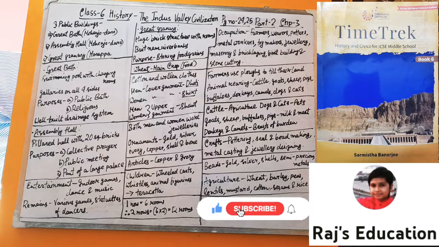Now comes art and craft. There were several types of art and craft in the Indus Valley Civilization, and among these, pottery making. Sorry, there is a mistake, it is written pottery, it will be actual.